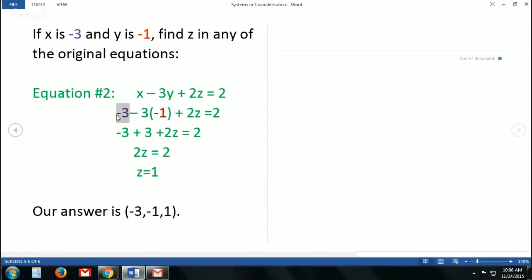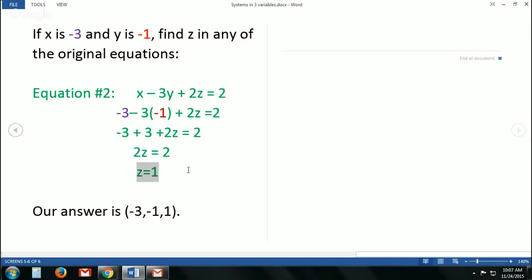Bring down the -3, and multiplying -3 times -1 made positive 3. Bring down the 2z and the equals 2. Now, -3 plus 3, those are going to go away. So I'm left with 2z is equal to 2. If you divide both sides by 2, then z is going to equal 1.